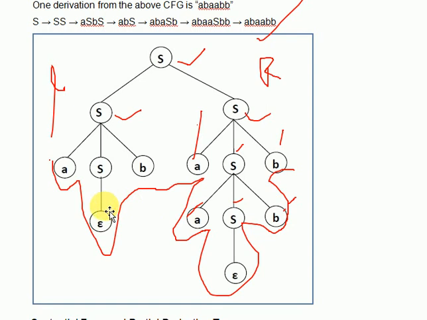If you ignore the nulls, you can see the string AB. This is A, this is B, this is A, and this is again A, B and B. Okay, I think it's clear from the example: how will you derive a string, derive its derivation tree and draw its parse tree?